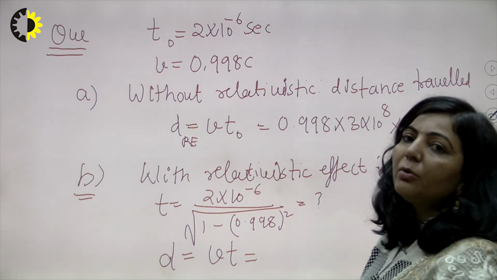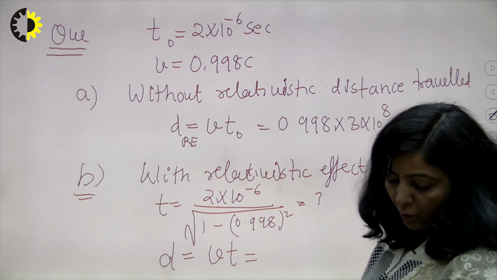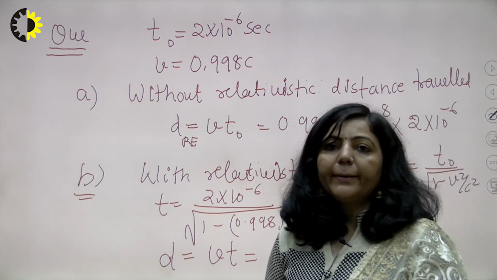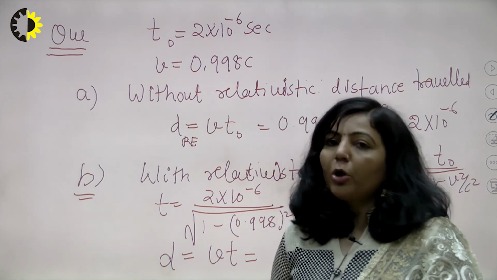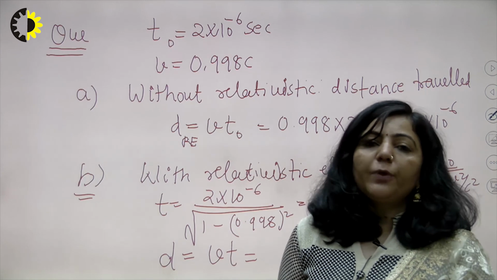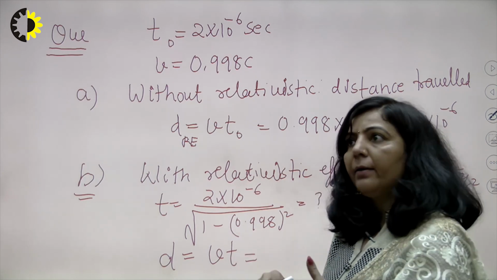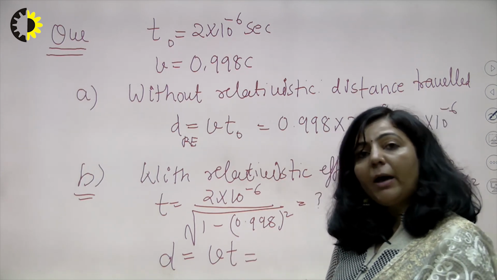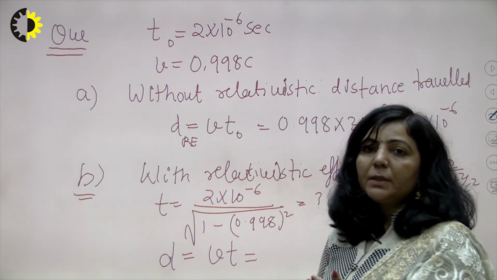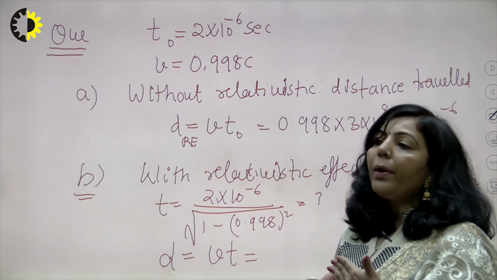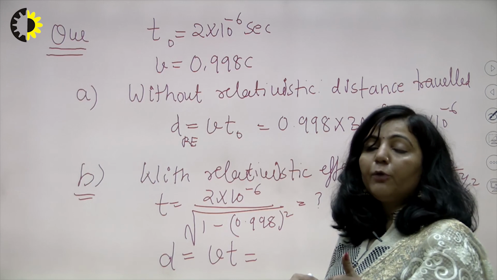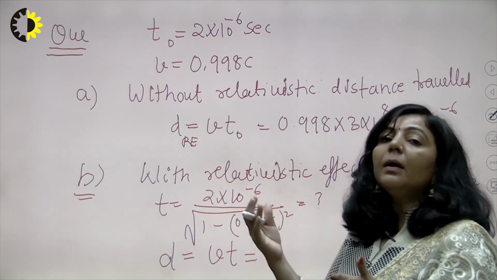So you have to solve the numericals based upon length contraction as well as time dilation. In the next topic, we will derive the relativistic velocity addition theorem. That means if you have two inertial frames S and S dash, and a particle is in motion with respect to both the frames, then how are you going to correlate the speed of that particle in one frame with its speed in the other frame?